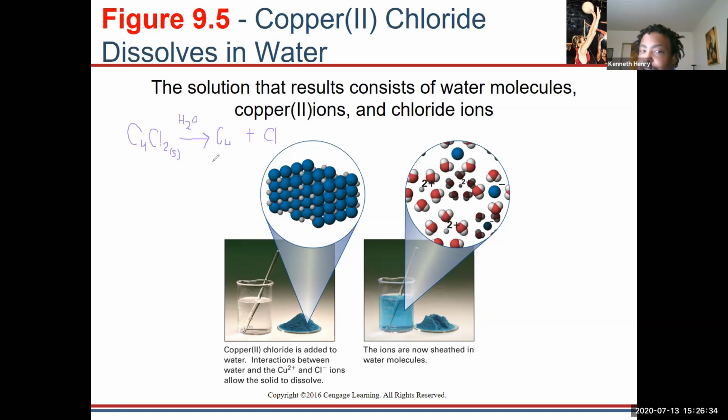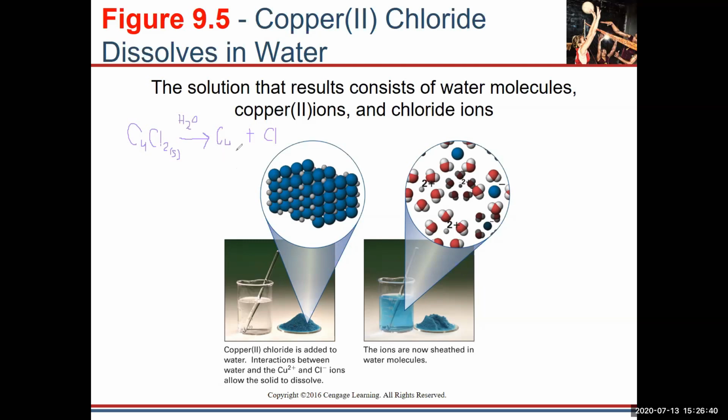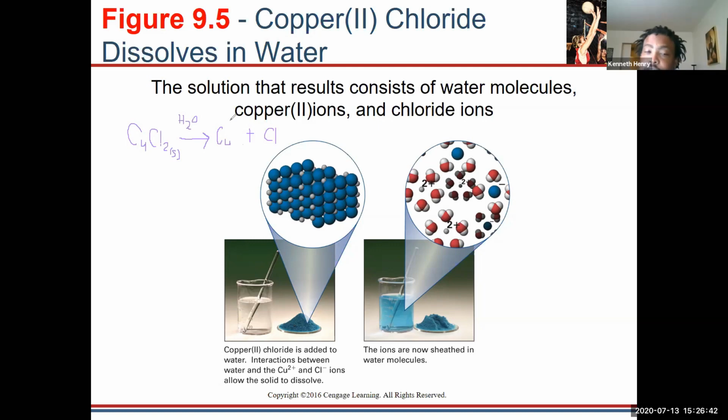Is that the ions, or am I forgetting something? The charges. So what would be the charges on Cu? 2 plus. And Cl? Minus. Is it balanced? No.